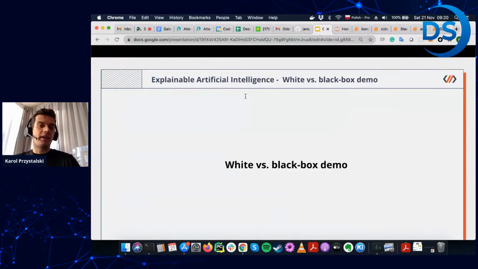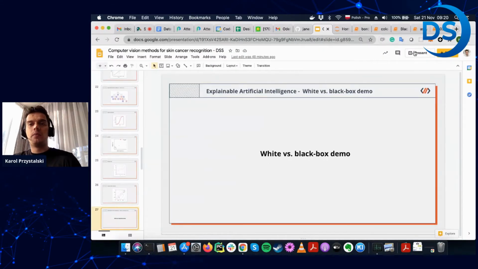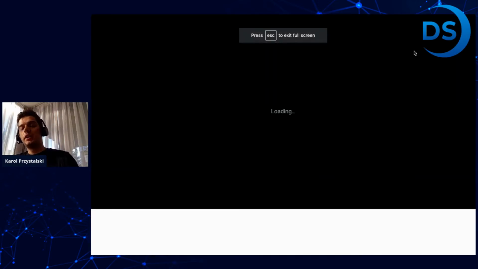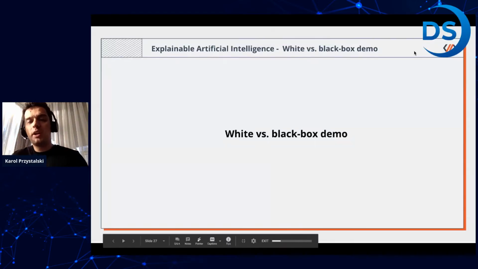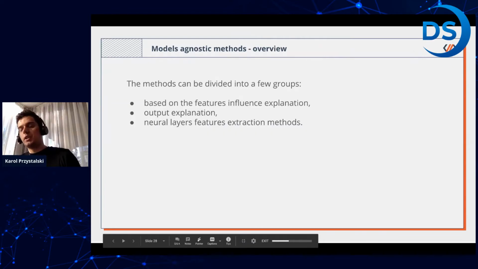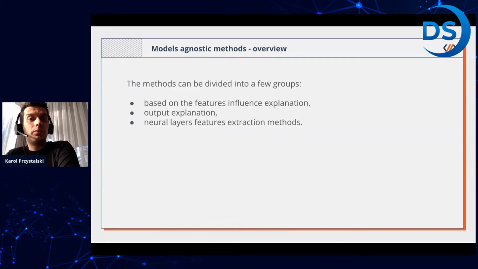So how do you do machine learning skin cancer prediction without deep learning? Well, you can do it using some explainable methods, like the model agnostic methods that are based on different kinds of factors.